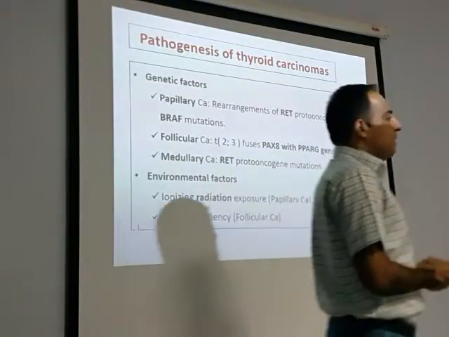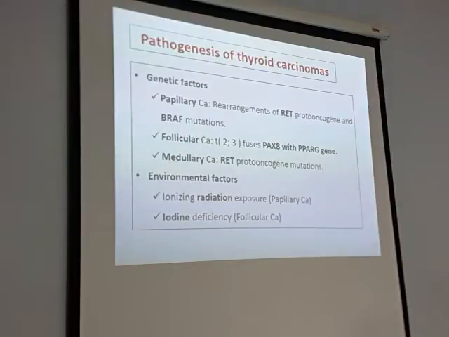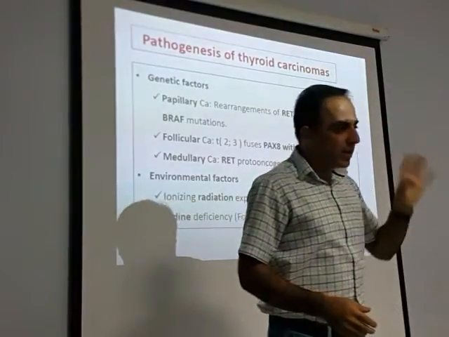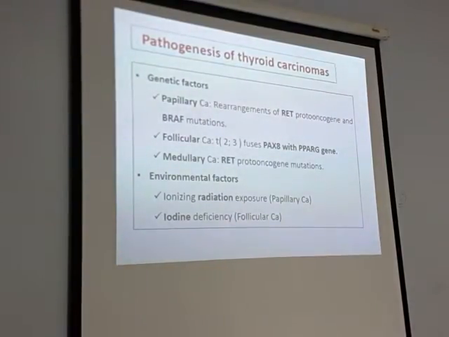Now, we need to know the neoplasms. What are the benign and malignant ones? Benign is adenoma. The most common is the follicular adenoma, and we can also find papillary adenomas and Hurthle cell adenomas. Among the malignant, the most common is papillary carcinoma, but we have other varieties like follicular, anaplastic, medullary, squamous cell, and lymphomas.